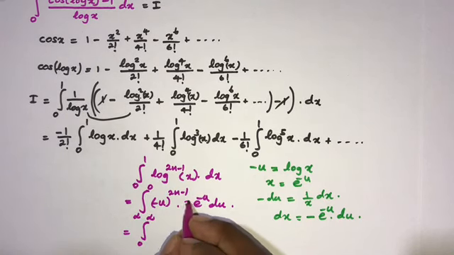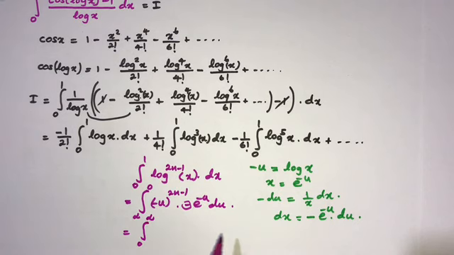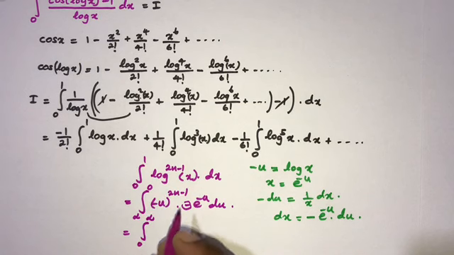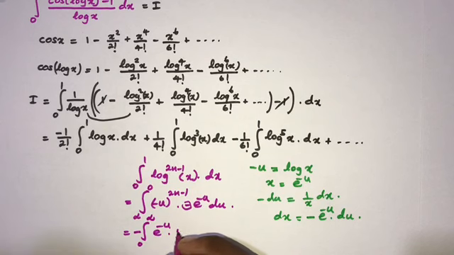When we change the limits, this minus gets cancelled, and now we have minus 1 to the 2n minus 1 times u to the 2n minus 1. Since 2n minus 1 is always odd, we have a minus sign, times e to the minus u.